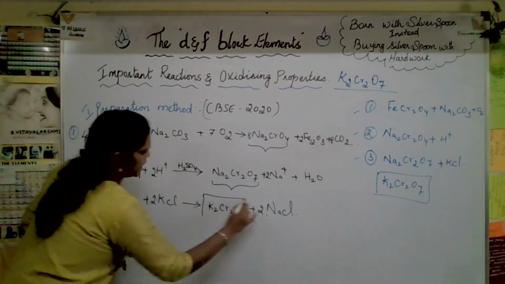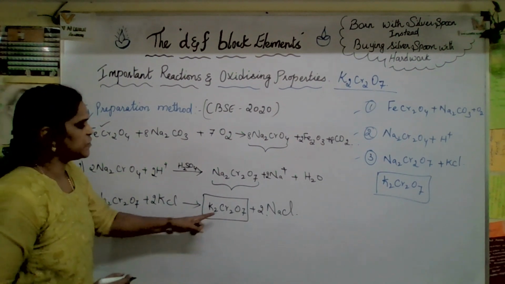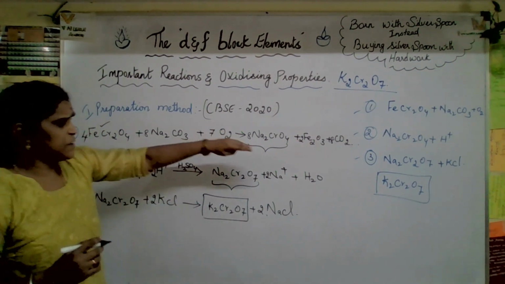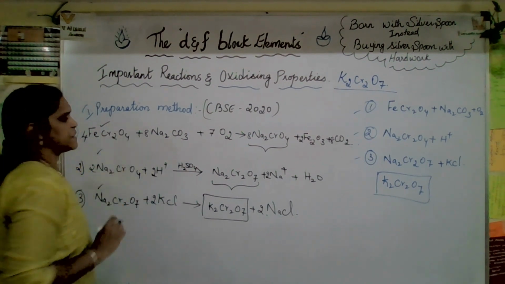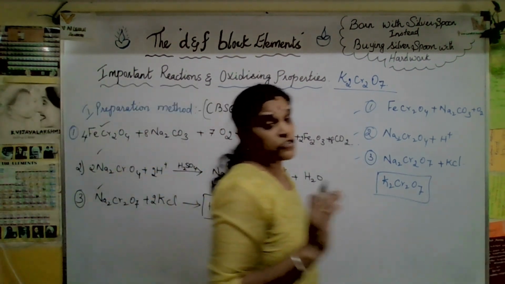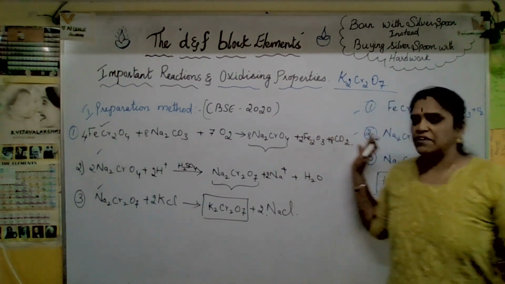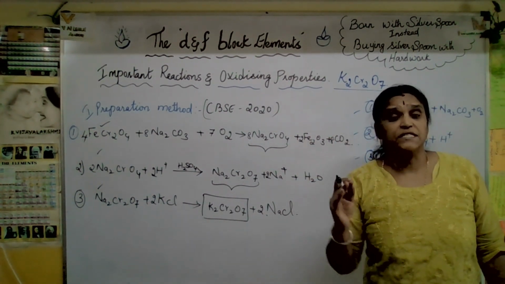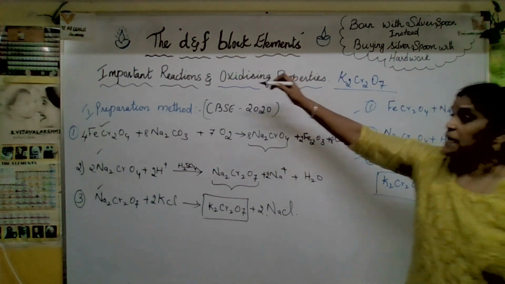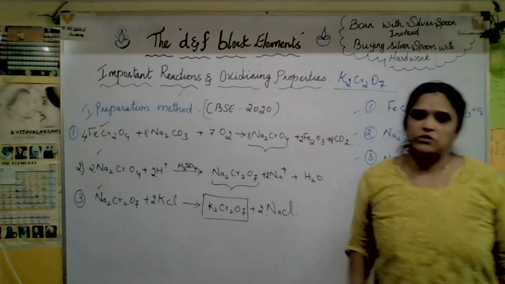Hope you got a clear idea how to prepare K2Cr2O7. This preparation method is very, very important. These are the three steps you have to follow. For each step, one mark, and I have given the hint. I hope you got a clear idea. Now we are going to see the chemical properties, that is, important reactions. Let us go for it.